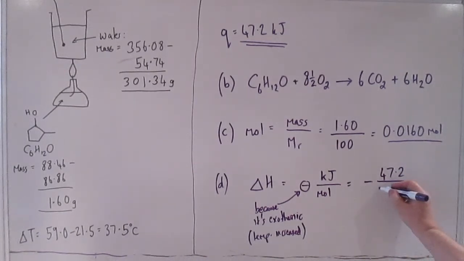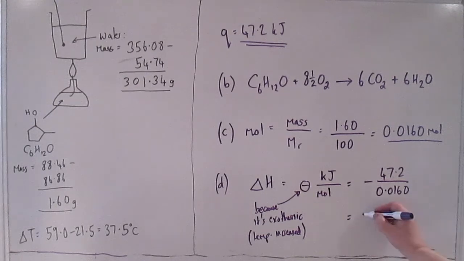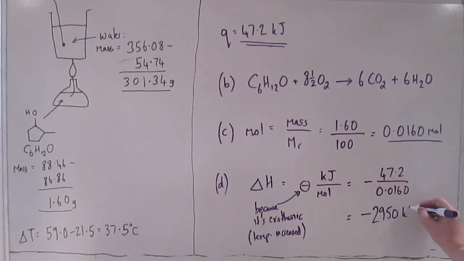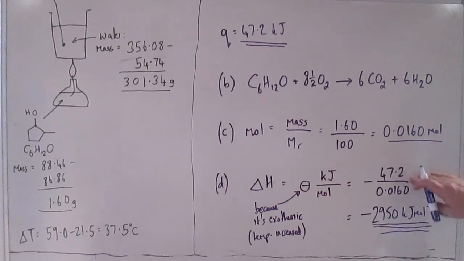Well, we've also worked that out. And if you compute that, you get minus 2950 kilojoules per mole. If you use the unrounded number here, you get a slightly different number, but it still rounds to that when you round to 3 significant figures. So very exothermic, but that's what you expect for a burning reaction.